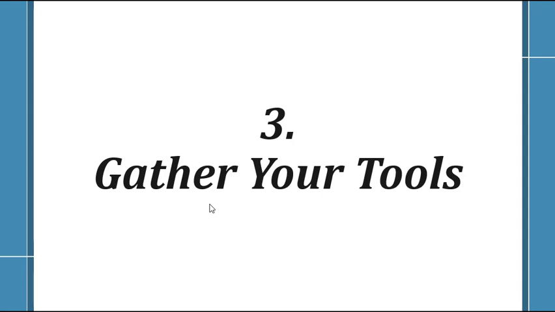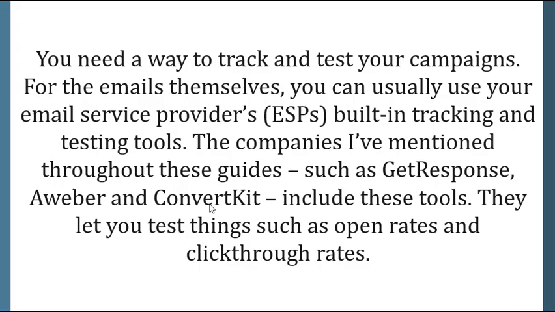Number 3, gather your tools. Now, you need a way to track and test your campaigns. For the emails themselves, you can usually use your email service provider's built-in tracking and testing tools. Now, the companies I've mentioned throughout these guides, such as GetResponse, Aweber, and ConvertKit, include these tools.